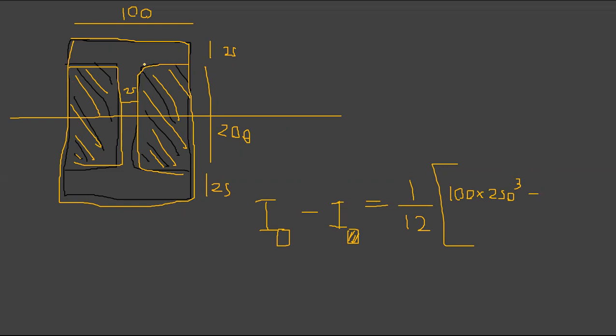So the total width is 100 minus 25, that's going to be 75 into the width cube. So this will give you I. So we'll calculate it: 1 over 12 into 100 into 250 to the power 3 minus 75 into the power 3.